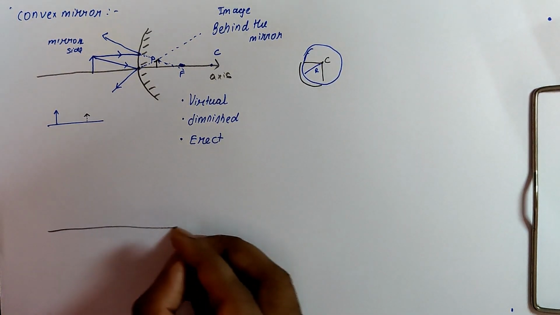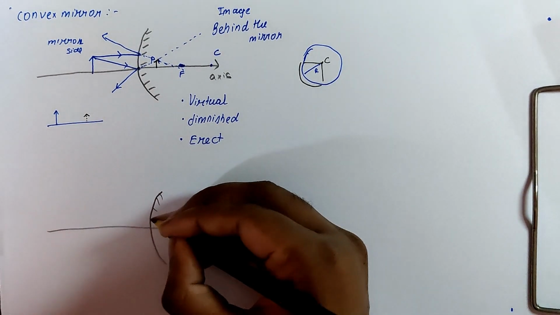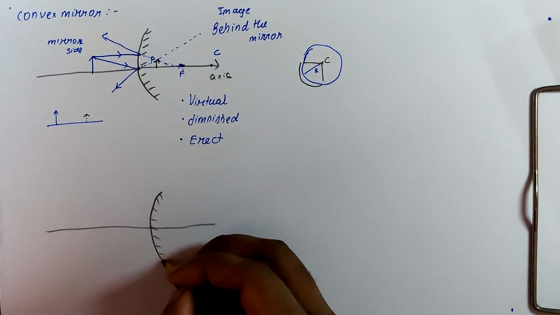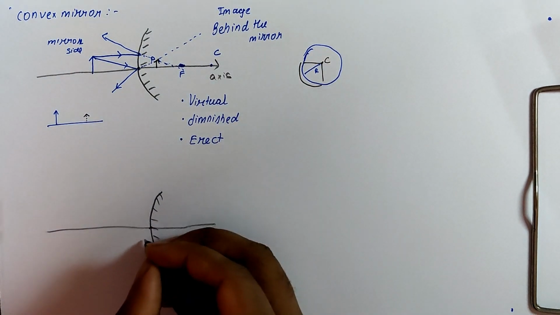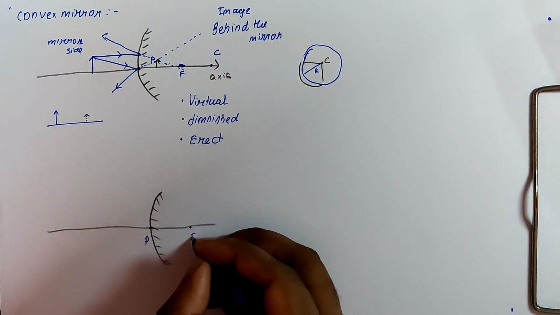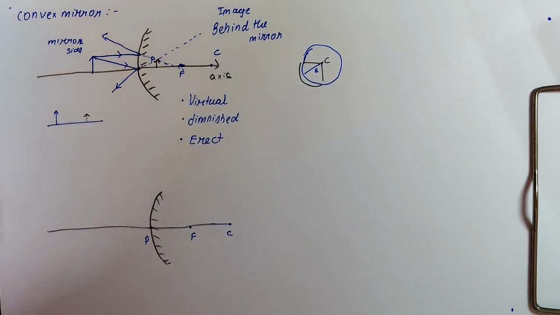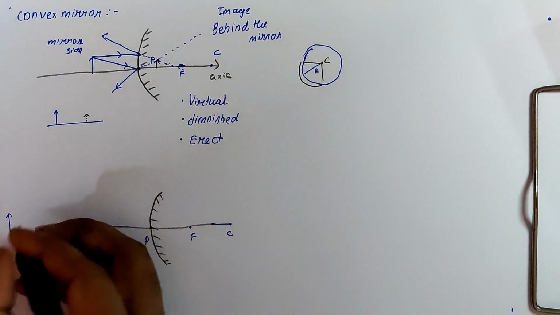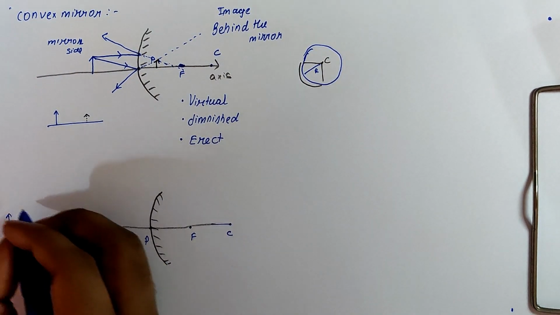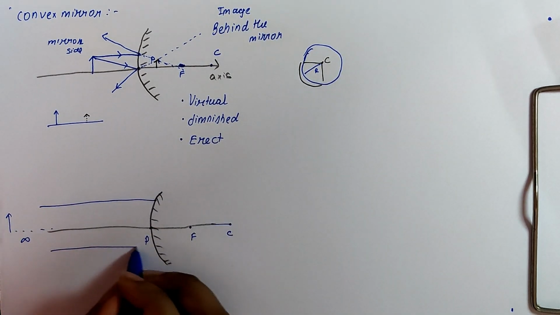Draw the mirror, mark the pole, the focus and the center of curvature, and since the object is so far away at infinity, we are going to draw parallel light rays.